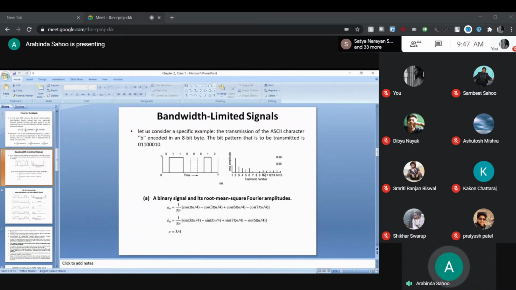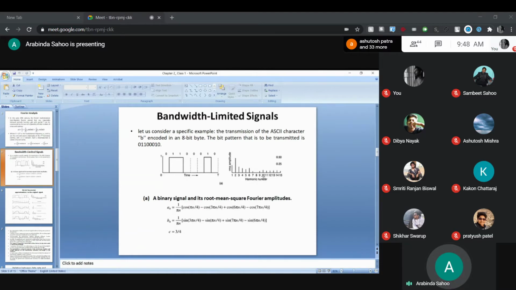Similarly, if you consider the higher harmonic numbers, the mean square amplitude gradually decreases, and when the harmonic number is very high, the mean square amplitude tends to 0. That means the higher harmonics normally do not contain any information.